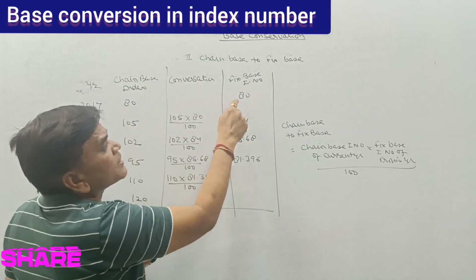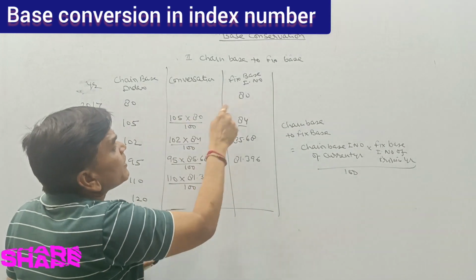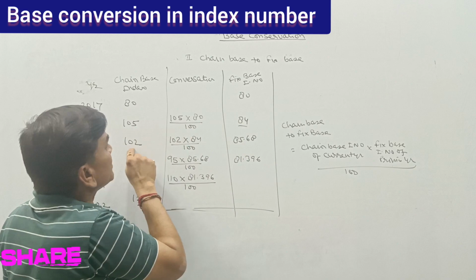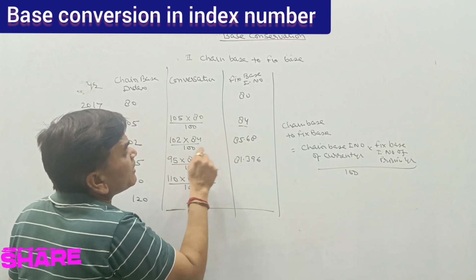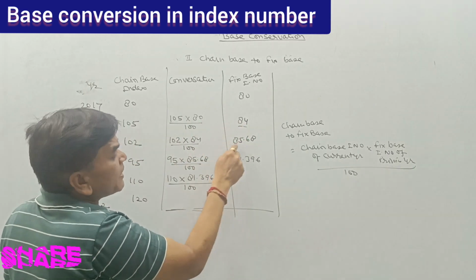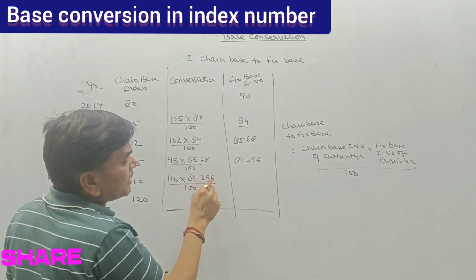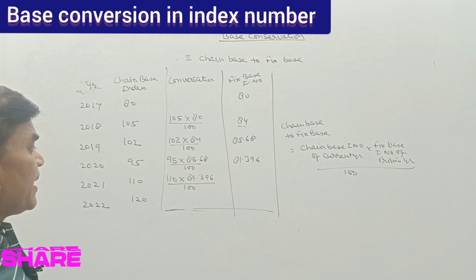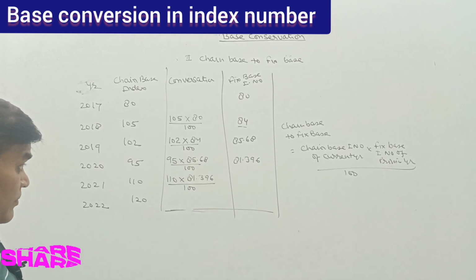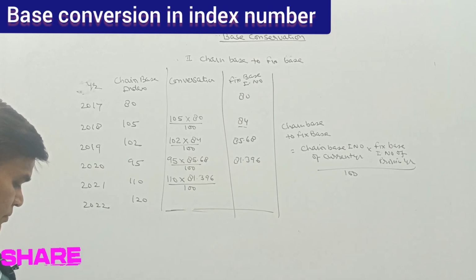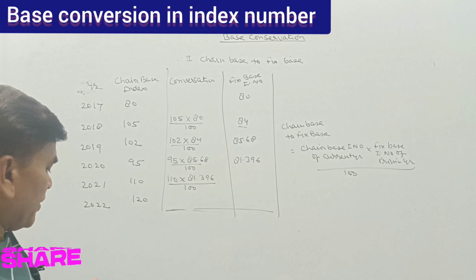First is 80. Now 105 multiplied by 80 divided by 100, then 102 multiplied by 84 divided by 100, then 95 multiplied by 85.68 divided by 100, then 110 multiplied by 81.396 divided by 100. So that will be 89.53.